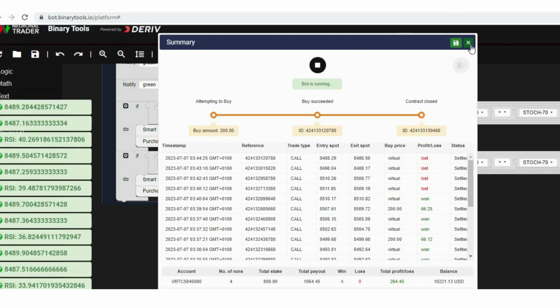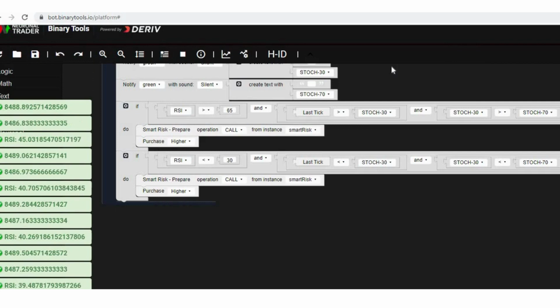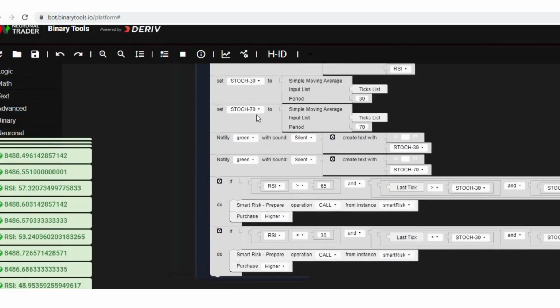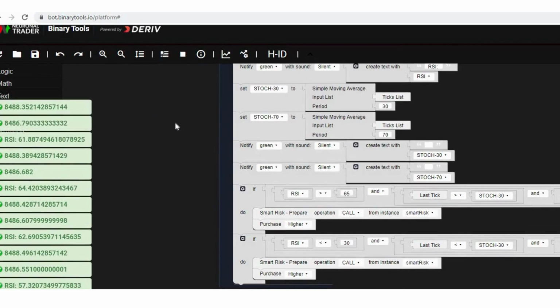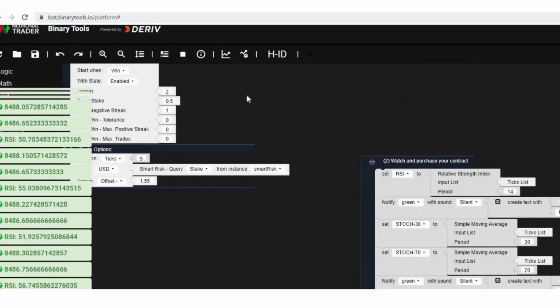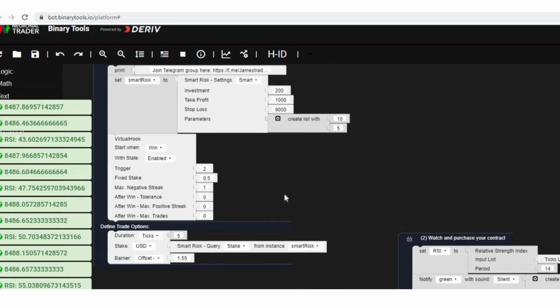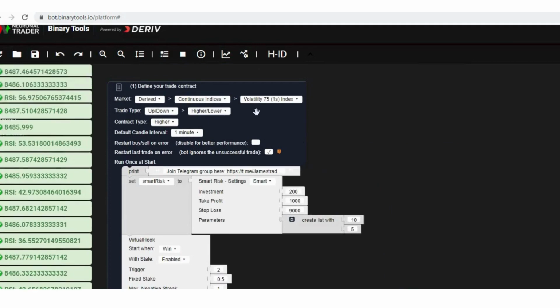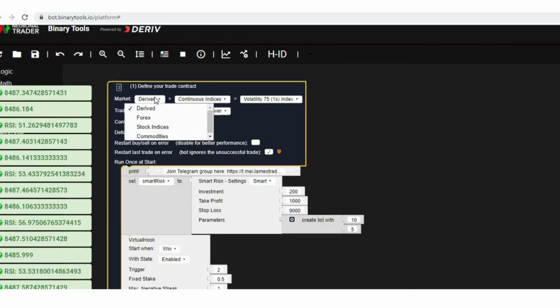Let me show you some of the settings. I won't bore you with the logistics, but you can change your take profit, the investment, and your stop loss.